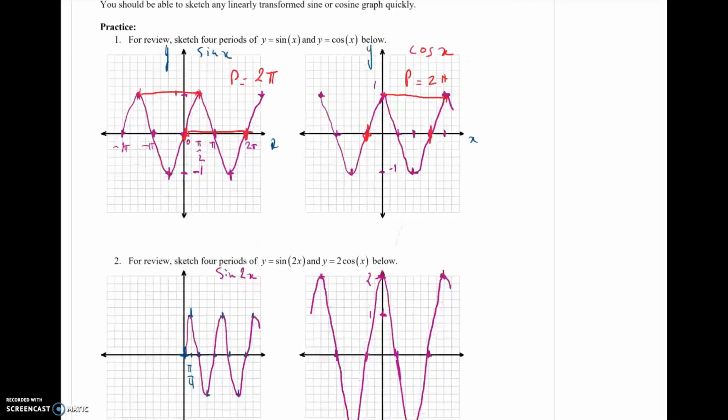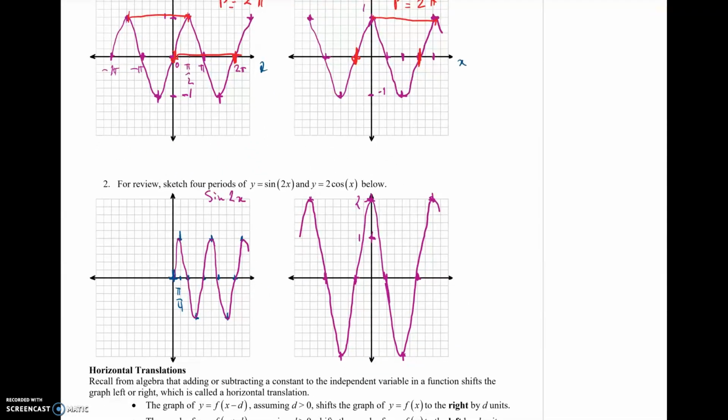Now, if I want to go back to the graphing of sin 2x and on the other side 2 cos x, one is shrinking horizontally, the other one has been stretched vertically.